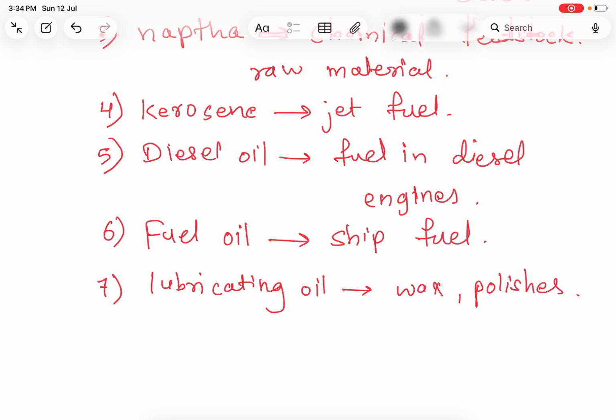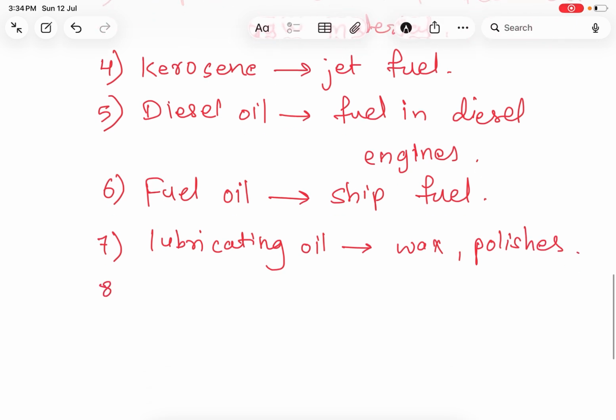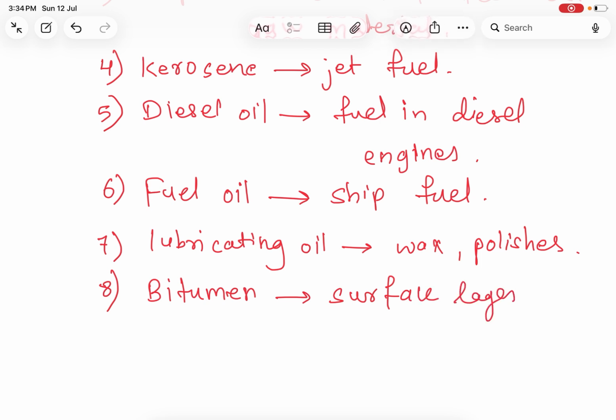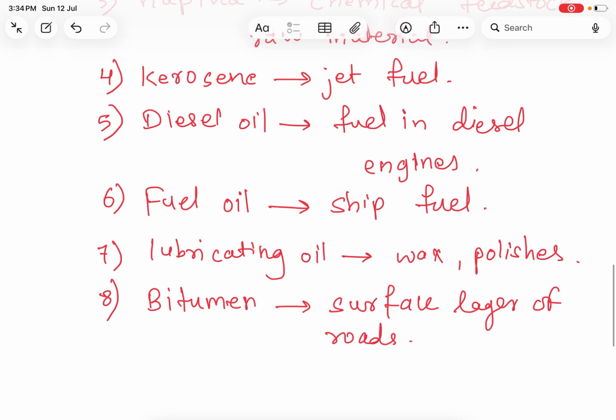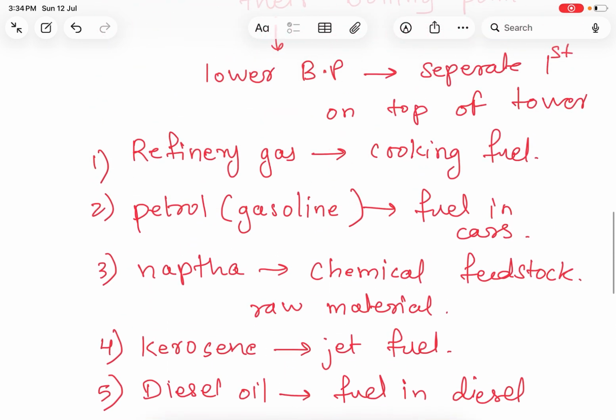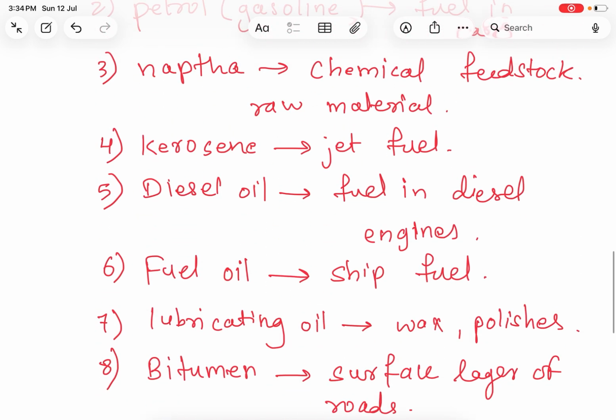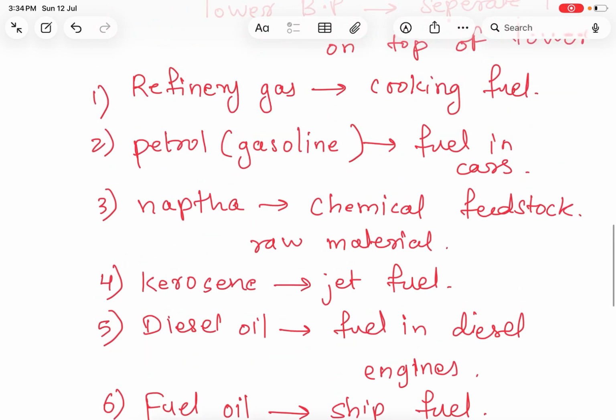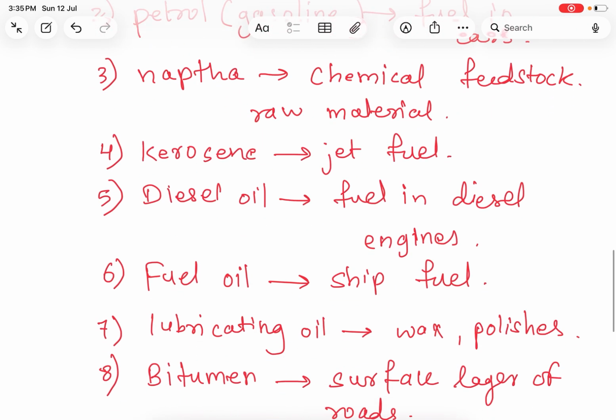Next we have bitumen, which is used to make roads, the surface layer of roads. So these are the different fractions that are separated from the petroleum, and as I said, all the different fractions have different uses.